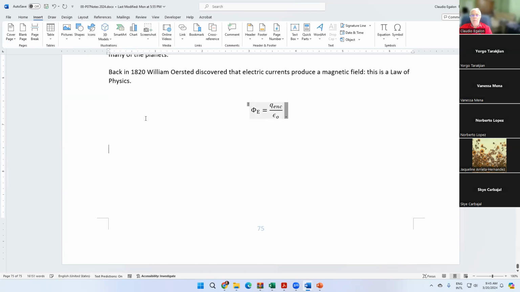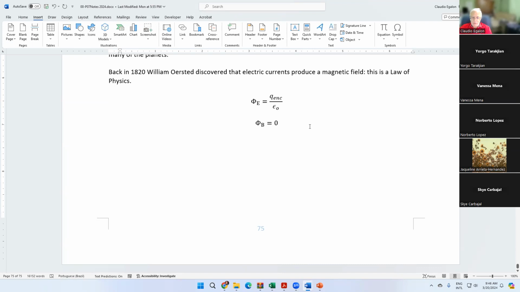That's the first law that we saw, Coulomb's law, right? What is on the left is the electric flux enclosed by the Gaussian surface. And this one is easy: the magnetic flux is equal to 0.